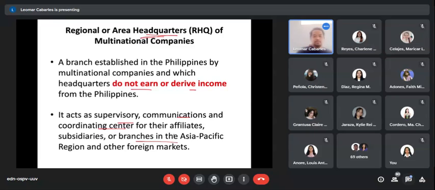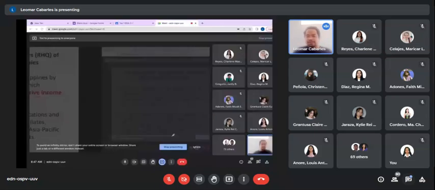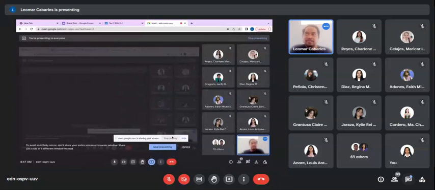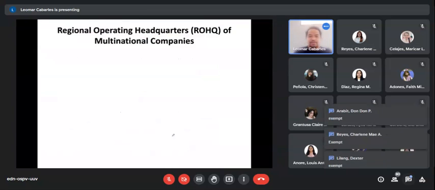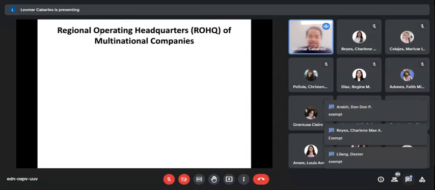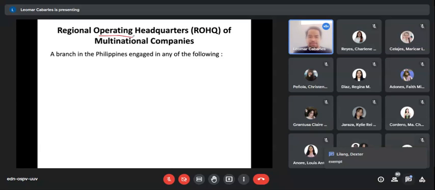Okay? Kaya naman, ano ang taxation pag headquarter lang? Walang operation talaga kasi administrative lang siya. Walang tax kasi walang income. Okay? So exempt.